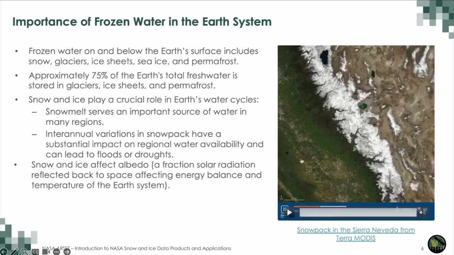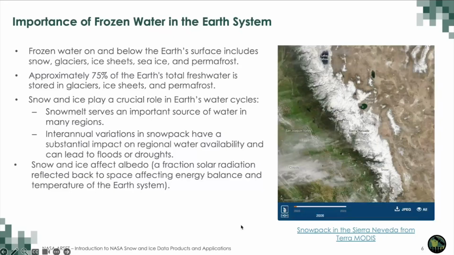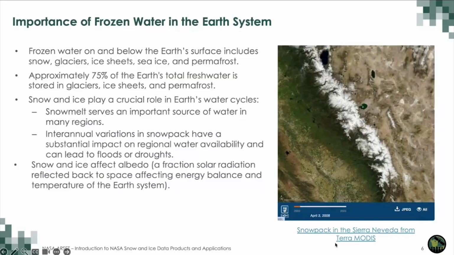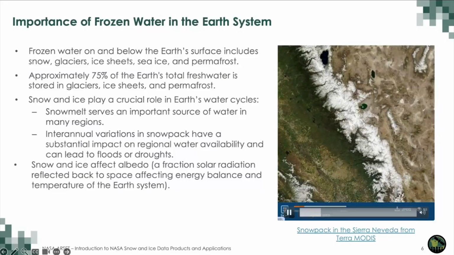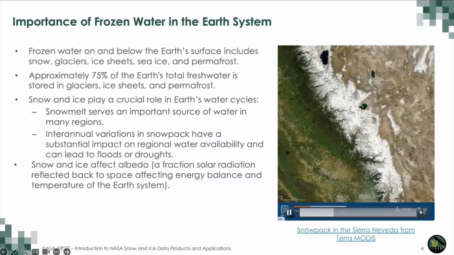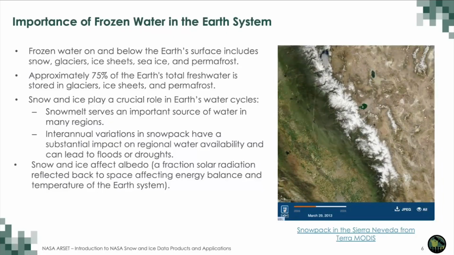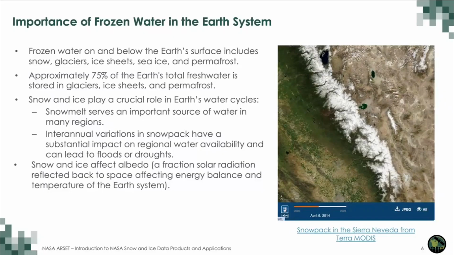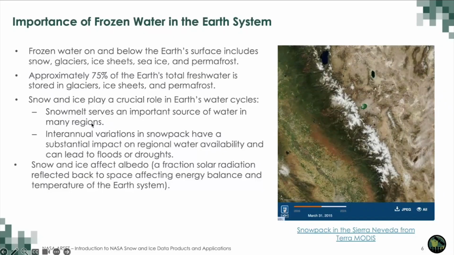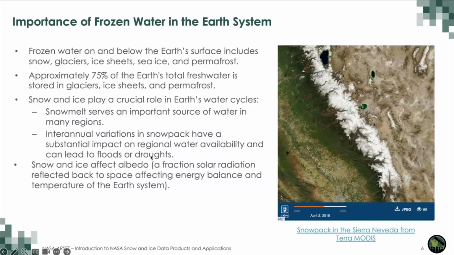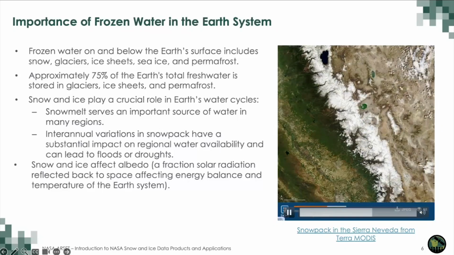and can lead to floods and droughts. For example, here is an animation of snowpack in the Sierra Nevada from the Terra satellite and MODIS sensor. You can see the snowpack here on the mountain. So snowmelt over this region feeds many rivers, and that results in either floods or droughts because of the interannual variability.